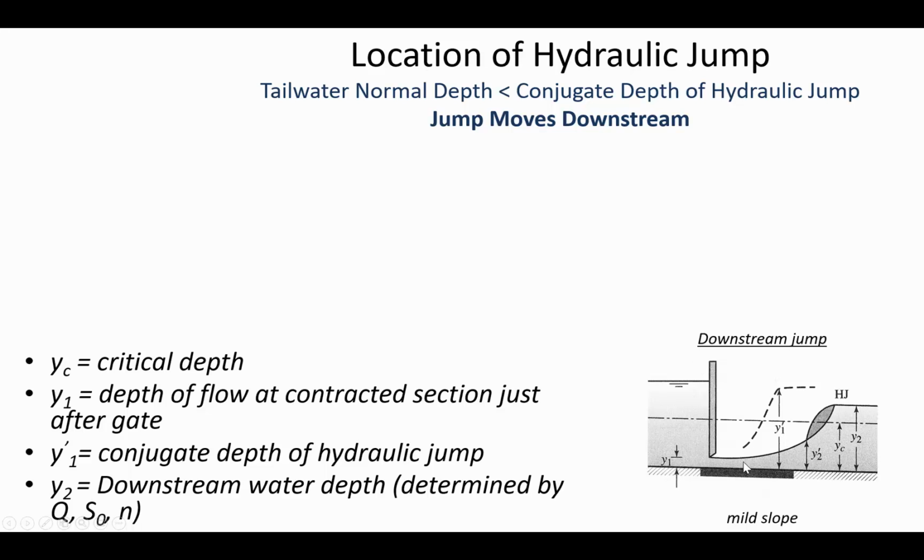So the water's moving faster, and it's going to have to gradually increase its depth until it gets to the point where the conjugate depth is equal to the normal depth downstream. So this dashed line represents where the water would want to jump up to if it could jump immediately.